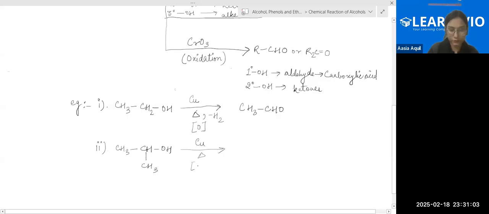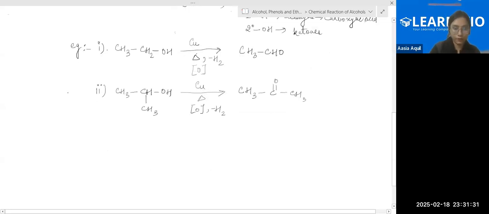H2 will be removed and you will get CO here with CH3 on both sides. What is this? This is ketone. When you oxidize this secondary alcohol, it will oxidize into ketone. Got it?